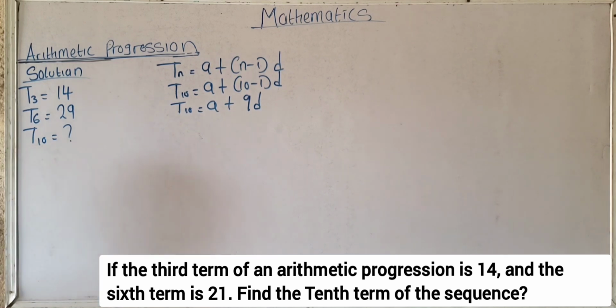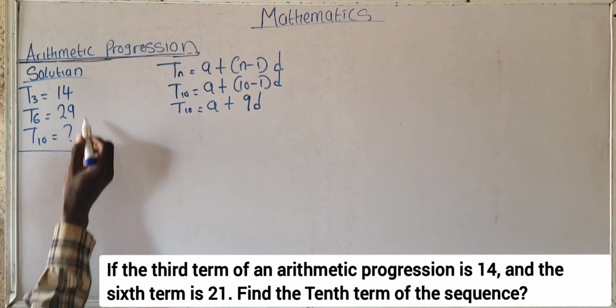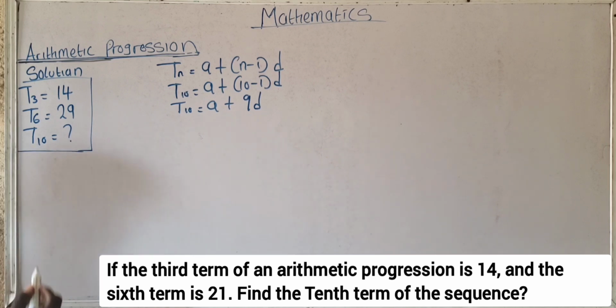Now, to get the first term and the common difference, we've been given that the third term is what? Is 14, and the sixth term is what? Is 29. So here, I can use the formula for the nth term to derive a simultaneous linear equation. You understand? Just pay attention.